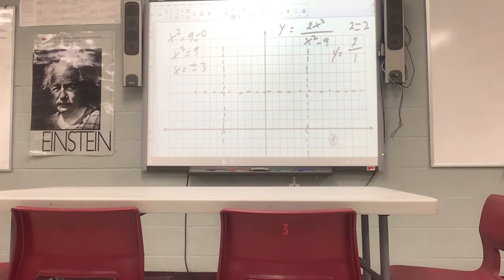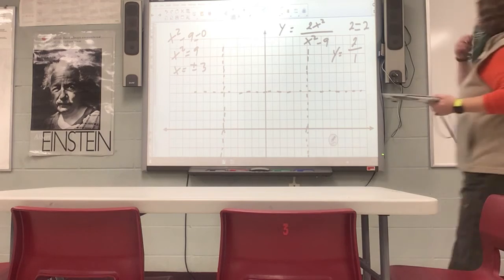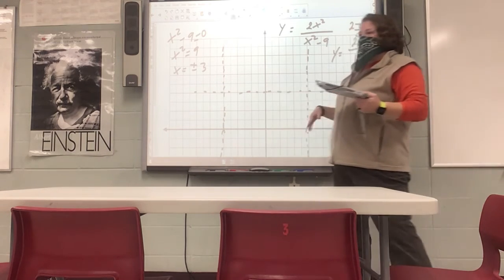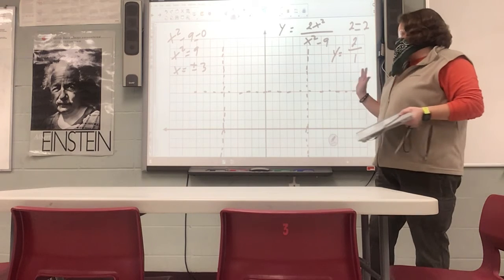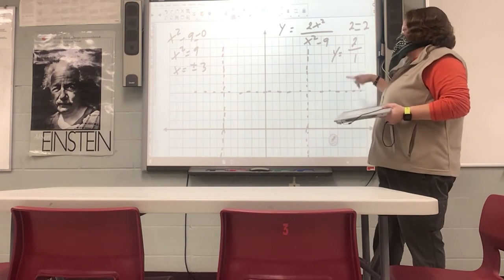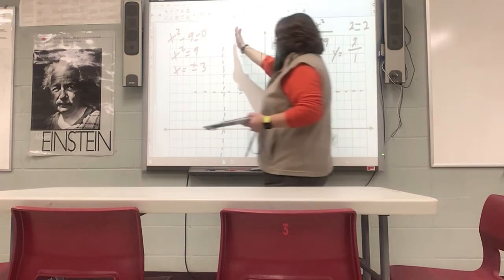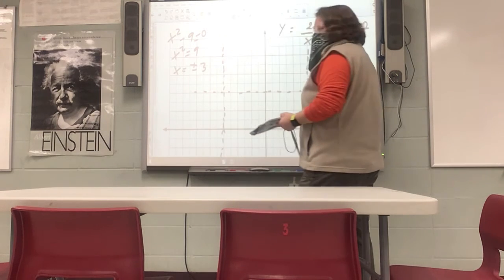Now, holy cow, look at all those sections that we've created. Yeah, you're partly right on that. Very good. What Christian is saying is that one of these sections is going to have a parabola-looking thing in it, and that's true. What I tell students to do, if you're going to make an old school input-output table, is use your vertical asymptotes.